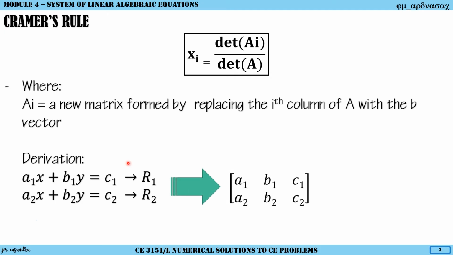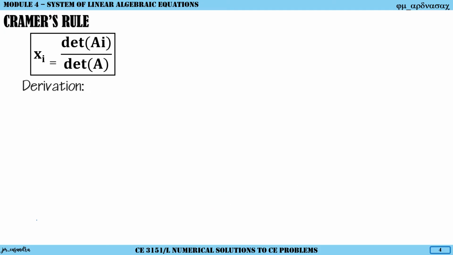So in matrix form, that will now be a1, a2, representing the x column, b1, b2, representing our y column, and then we have c1, c2, representing our constant column, or the c column.